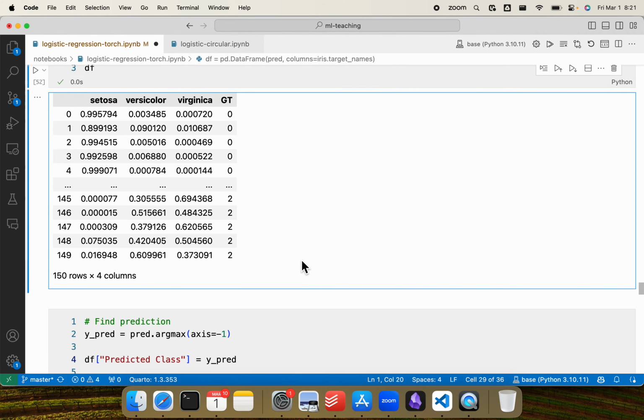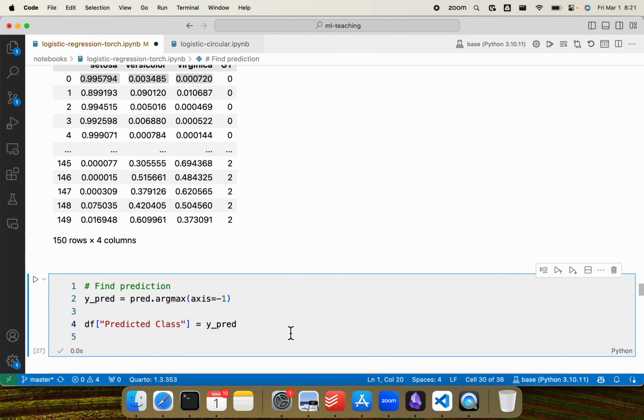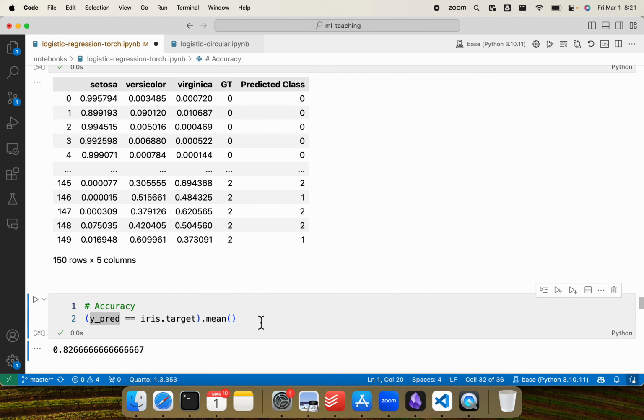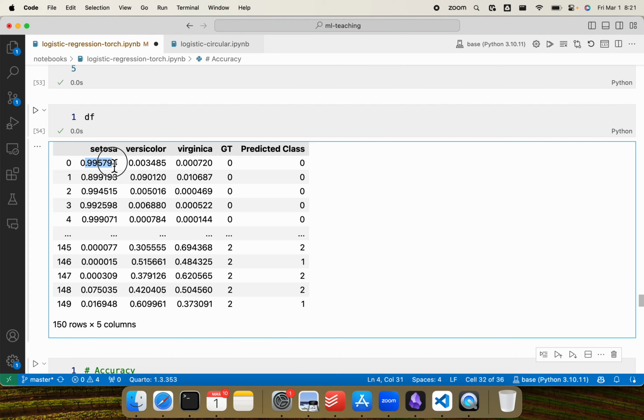We can finally get the prediction, which is the predicted class, by looking at the argmax over the prediction vector, which is a length 3 vector. And if we do that, we can notice that the predicted class is 0, corresponding to the highest probability. Here the predicted class is 1, corresponding to the highest probability.